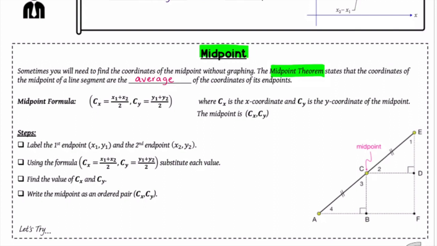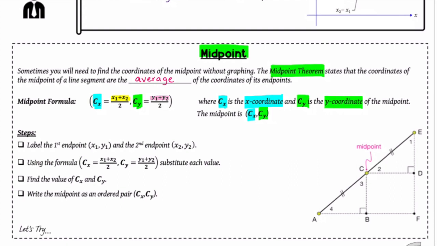So the midpoint formula is written in this form: c sub x, add your x's, divide by 2, c sub y, add your y's, divide by 2, where c sub x is the x coordinate, c sub y is the y coordinate of the midpoint, and the midpoint can be written as c sub x, comma c sub y.